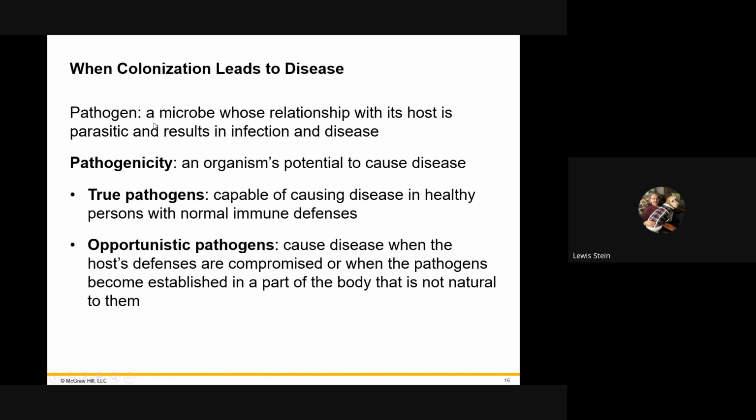So by definition, a pathogen is disease causing, a microbe whose relationship with its host is parasitic: it thrives, harms you, and results in infection and disease. We're going to talk about things called virulence factors.